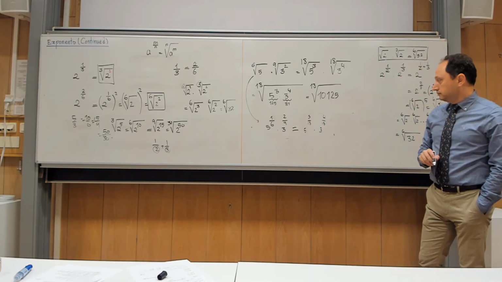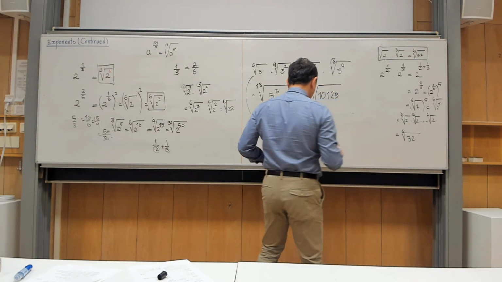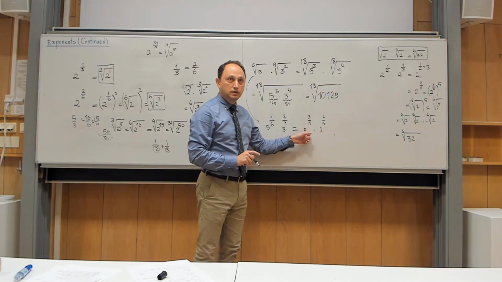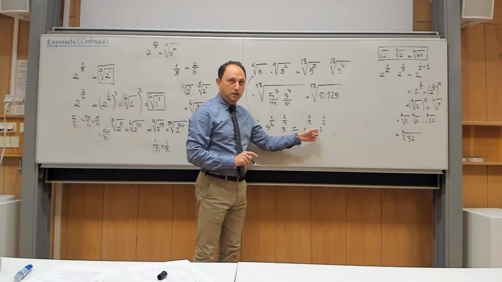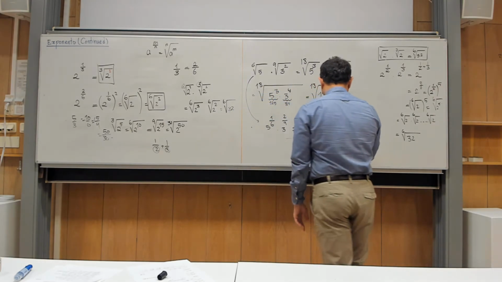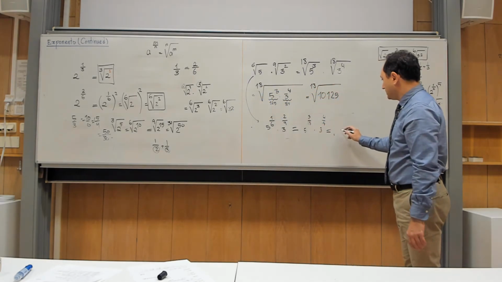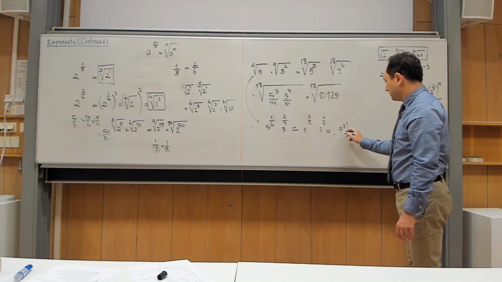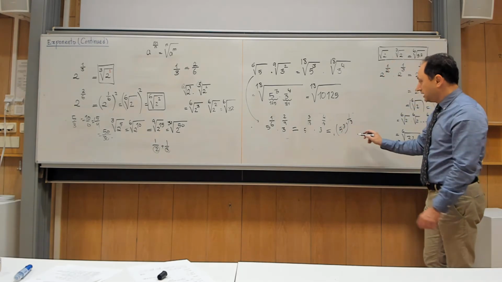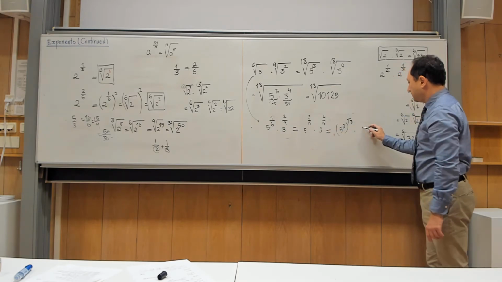No. This is a very good idea, but you cannot multiply them because the bases are not the same. But you can do something. What is that something? That something is to write it in this way, and then write this one in this way.